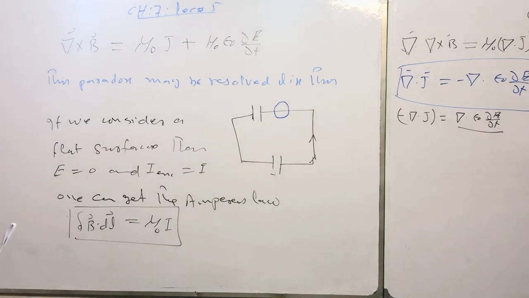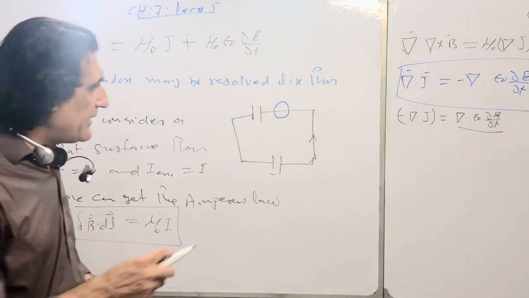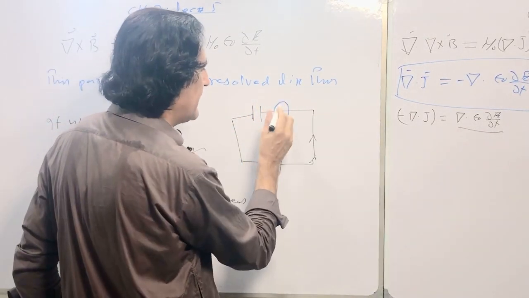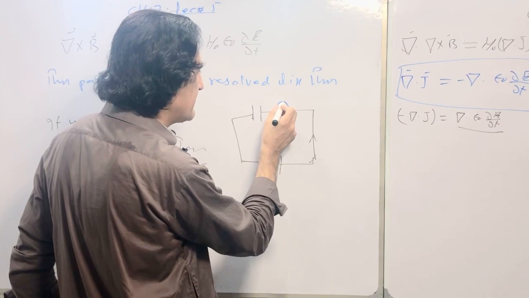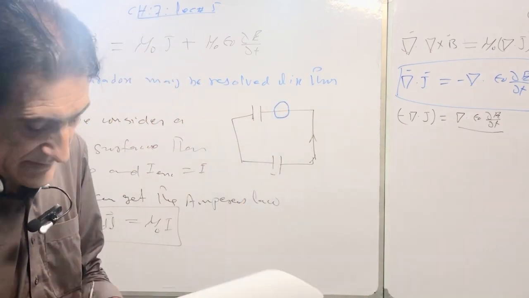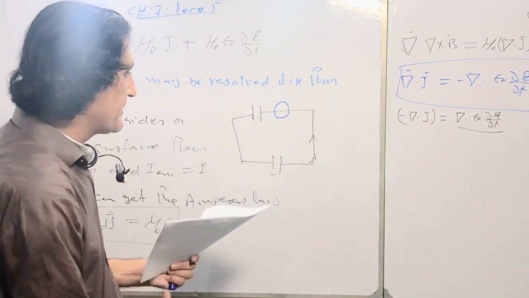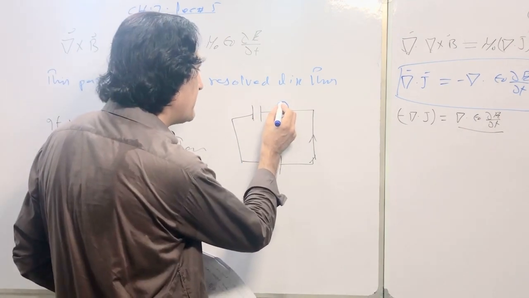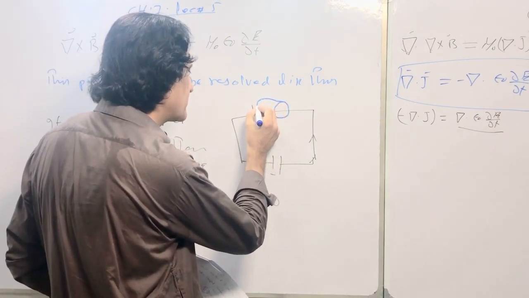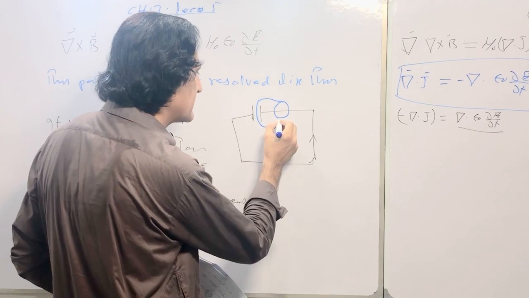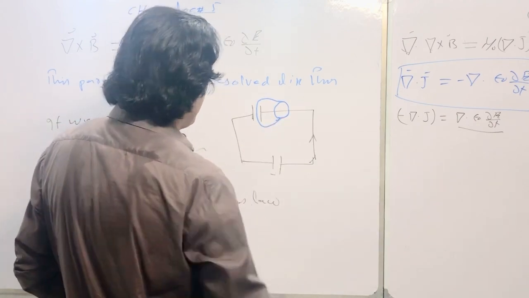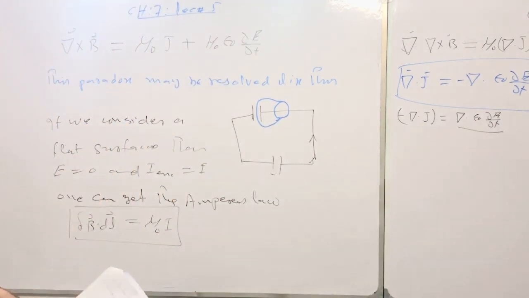On the other hand, if I consider a balloon-shaped surface, like a balloon passing through this capacitor, then what will happen? How can we calculate the current at this surface?